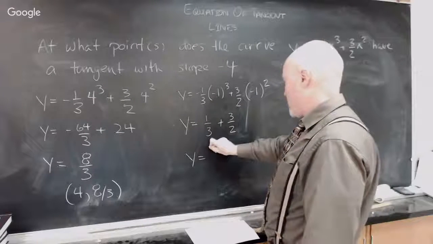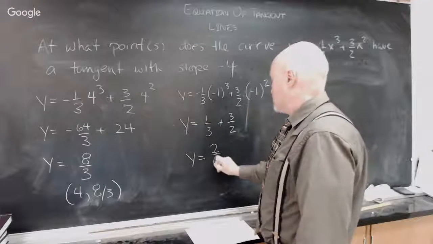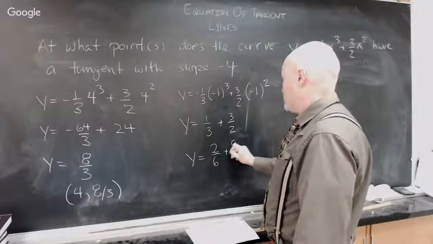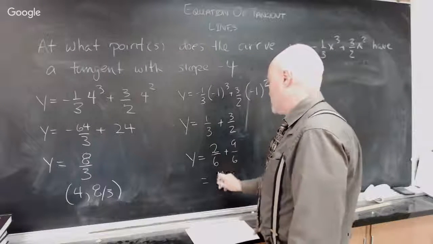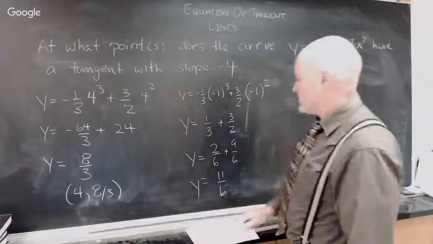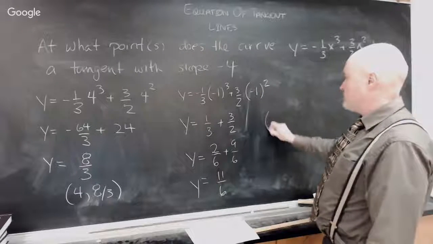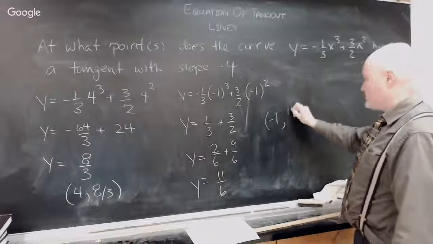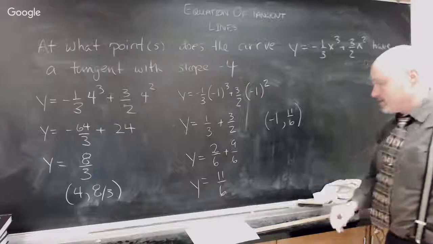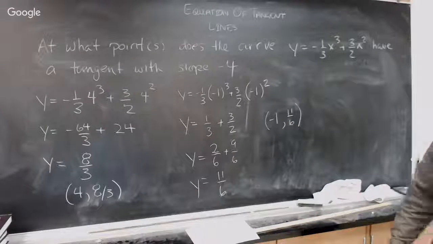And so y is 2/6 plus 9/6, 11/6. So the second point is -1, as Jeff has pointed out, and 11/6. Hope I got that right.